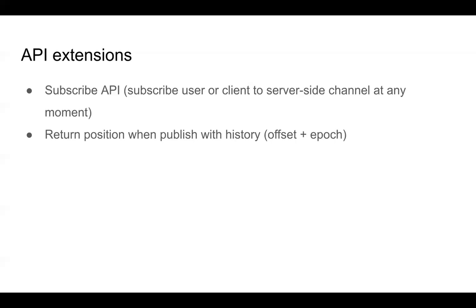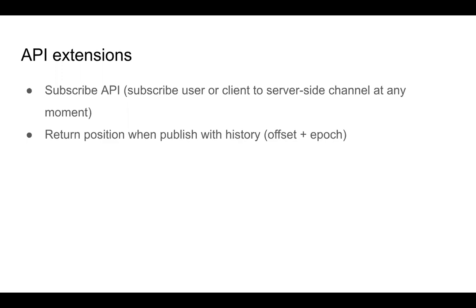Publish API will return a stream position of the published message. So as soon as you publish a message to Centrifugo, it saves the message in history, if history is enabled for the channel, right? And now offset and epoch values can be returned to a caller, so you can handle these things.